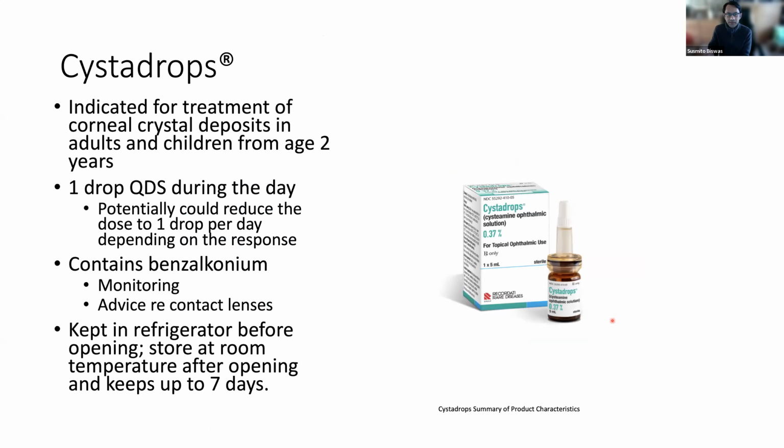Cystadrops is prescribed at a dose of 4 times a day, and in theory, over time, it could be reduced to about 2 or 3 times a day if it's shown to be efficacious in your patient. It does contain a preservative called benzalkonium, so that can be a little bit damaging to the ocular surface if it's used in excess.